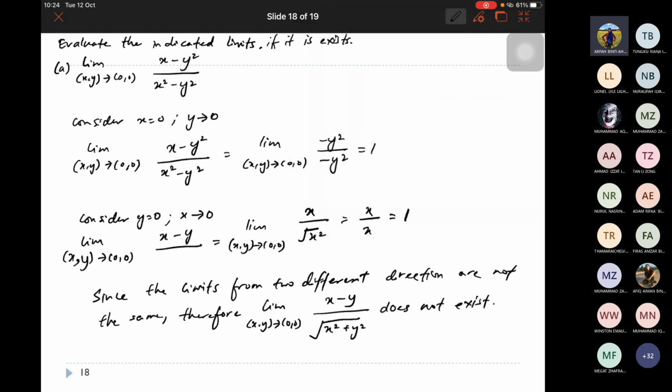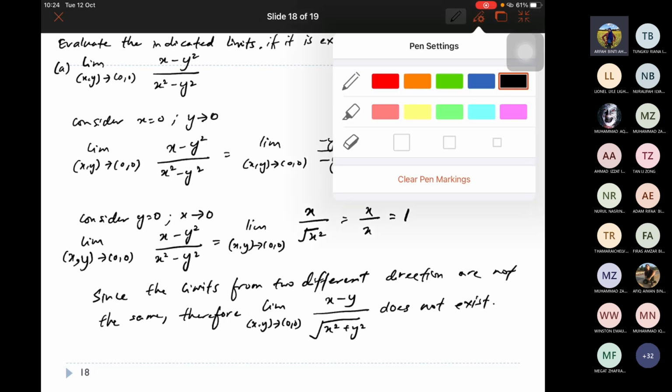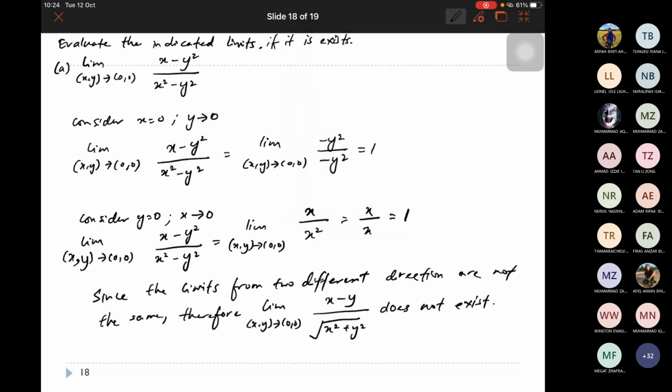So the next one, consider the limit of x minus y squared over x squared minus y squared. So it will become the limit of x over x squared. So dia akan jadi kosong for this one. 1 per x. It will become 1 over x equal to the limit of xy approaches 0, 1 over x sama dengan undefined.